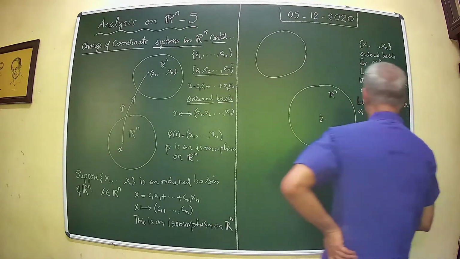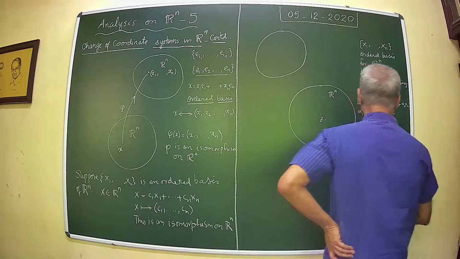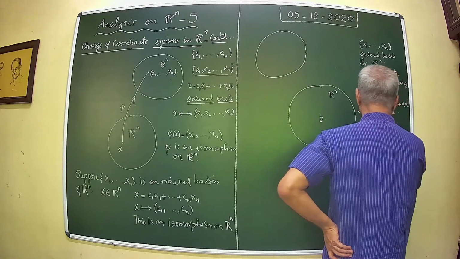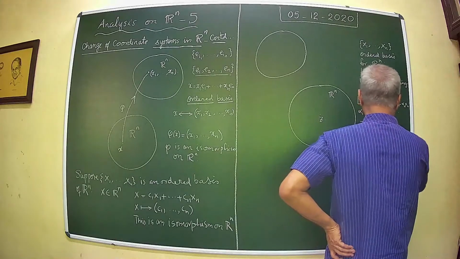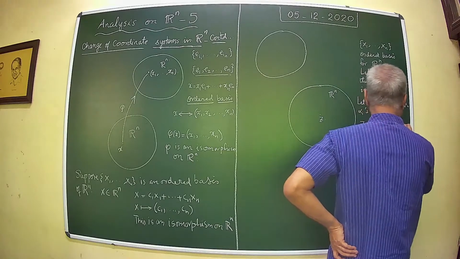Now z is identified with, or mapped to, alpha 1, etc., alpha n.